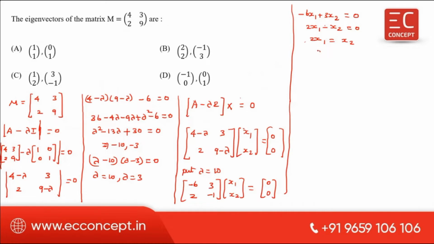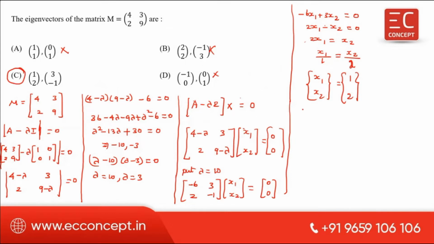Therefore the vector [x1; x2] is equal to [1; 2]. From this first equation you got it. There is no 1 by 2, so therefore this is the answer.